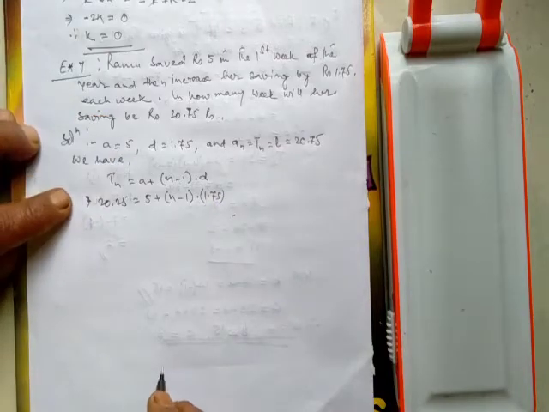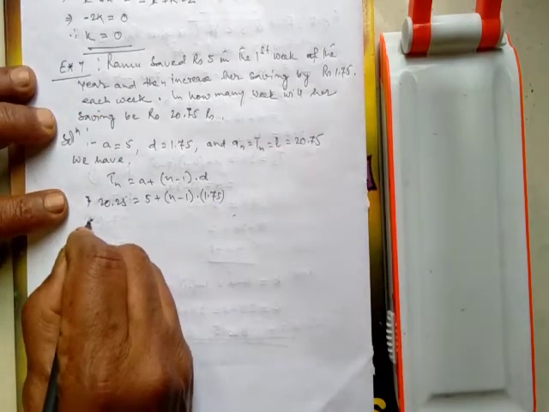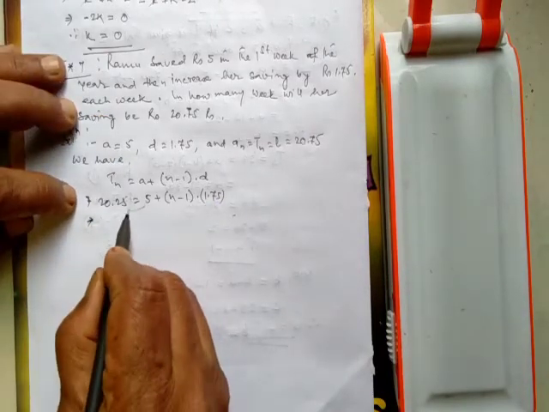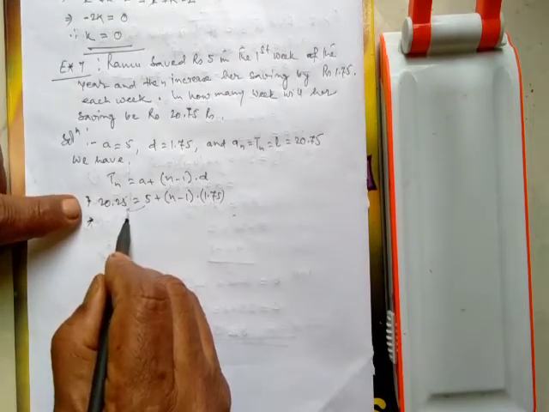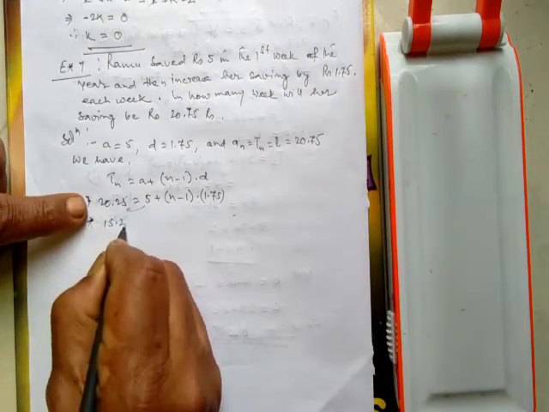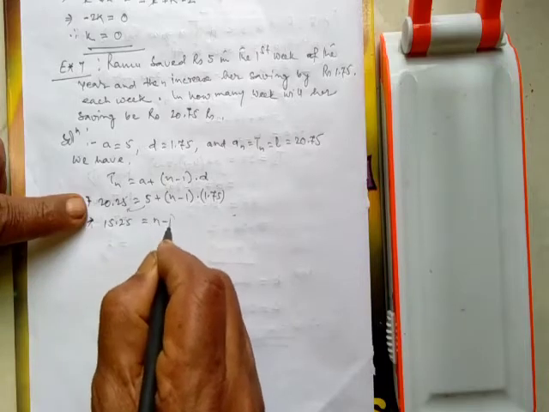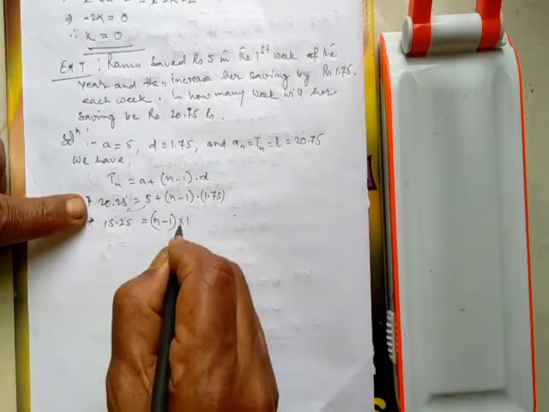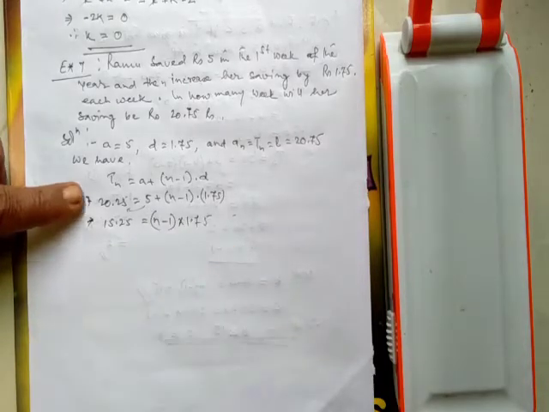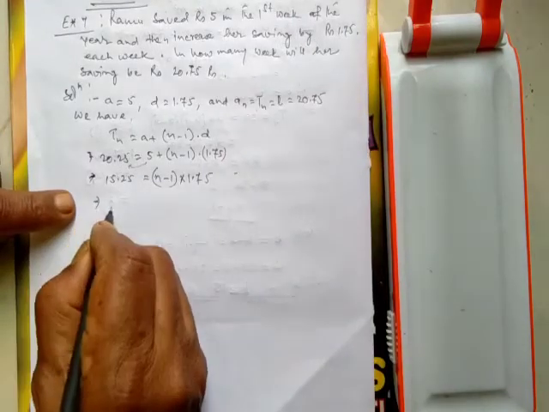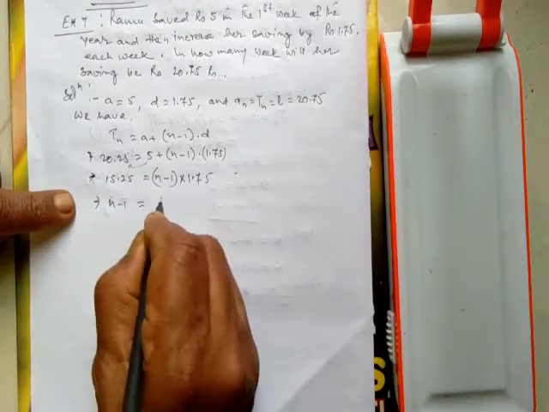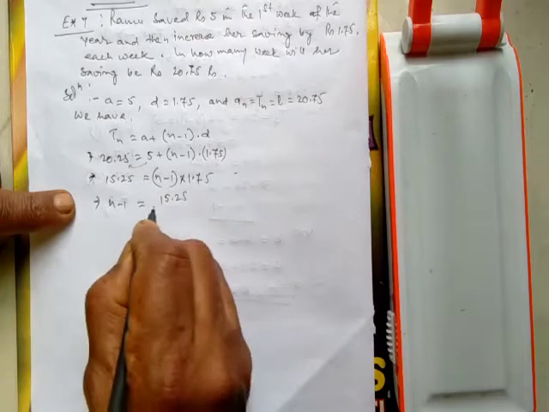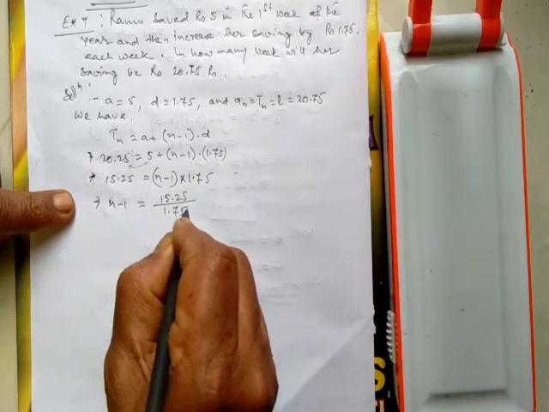This is the common difference. This implies this 5 I am transferring to this side, and it becomes 15.75 is equal to n minus 1 into 1.75.